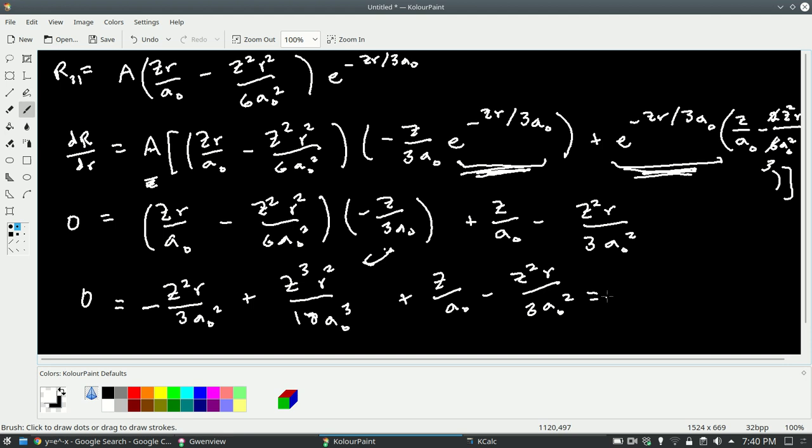So that makes this, I'll start with this guy. So z cubed r squared over 18a naught cubed minus 2 of these, 2 z squared r over 3a naught squared. So minus 2 z squared r over 3a naught squared plus z cubed r squared over 18a naught cubed.